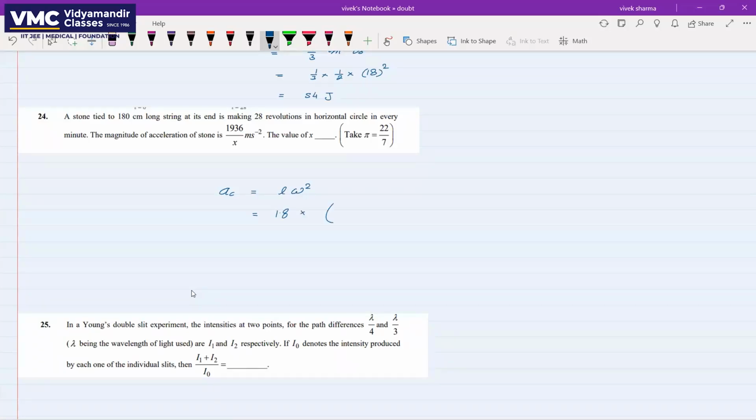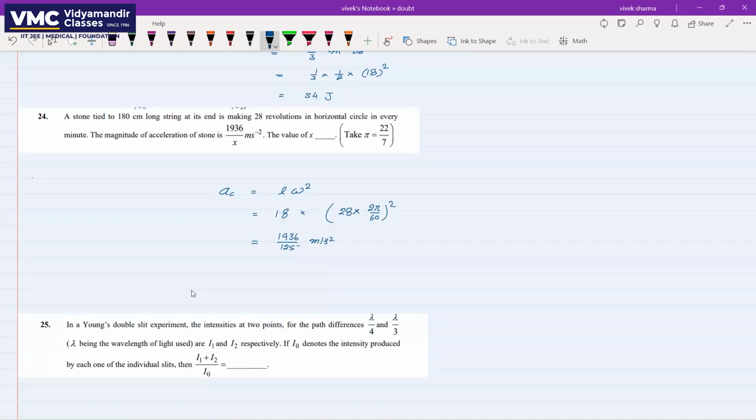And omega square. Omega is given as 28 revolution per minute. So it will be 28 into 2 pi upon 60, and this whole square. Pi we need to take 22 by 7, and after calculating, I will get 1936 divided by 125 meter per second square.